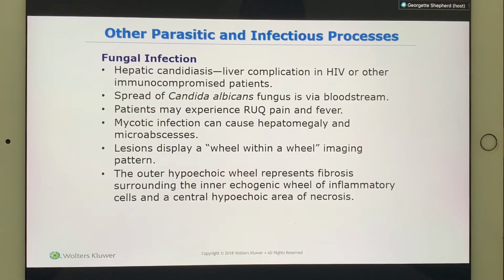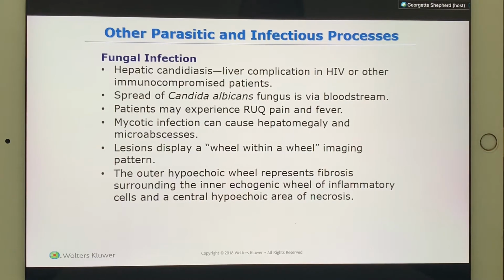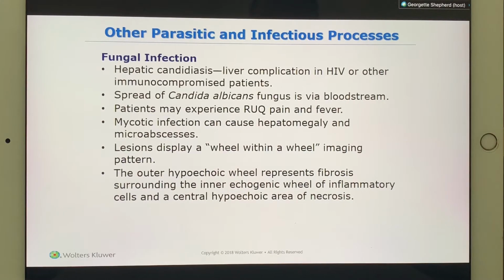Anytime that you are immunocompromised, what's another one that they could have, something Barr, Epstein-Barr. Epstein-Barr is also an immunocompromised disease that can cause hepatomegaly.